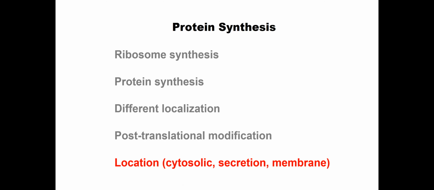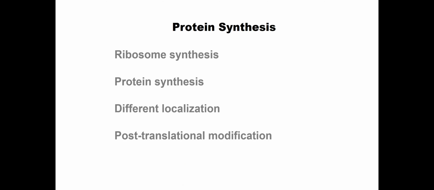Protein is a machine in our body, and they should go to different parts of the cell. Some of them go to the cytosolic area. Some of them are secreted, as in exocytosis. Some of them are anchored on the plasma membrane or different membrane structures. Maybe you have not paid much attention to those.